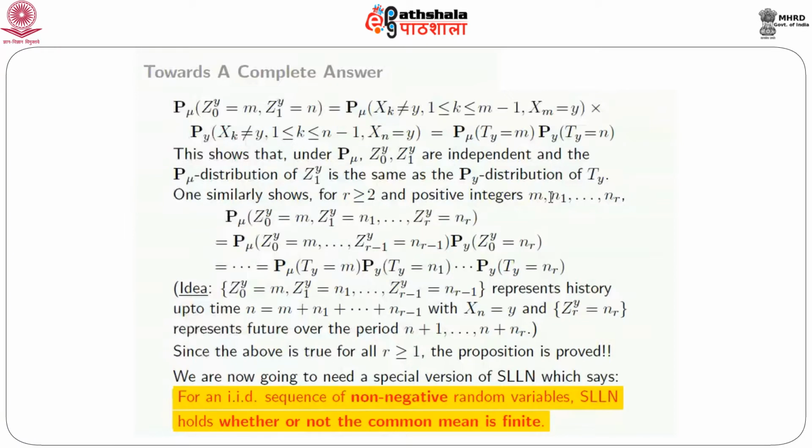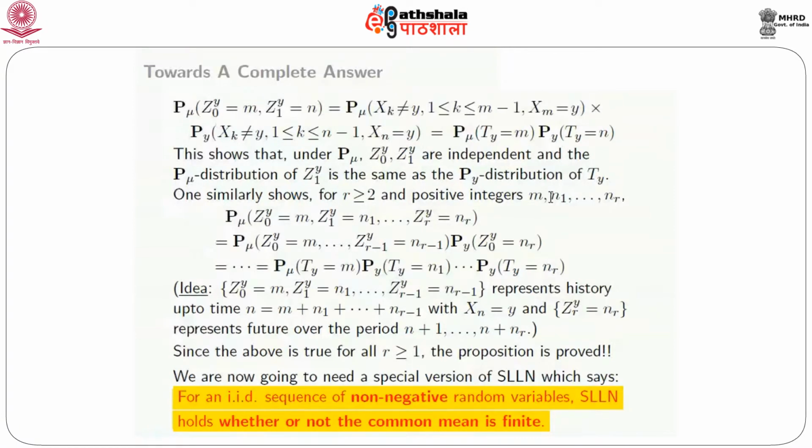So we need a special version of strong law of large numbers, which says that for an IID sequence of non-negative random variables, SLLN holds, the law of large numbers holds without requiring finiteness of the common mean. So what I'm saying here is that if you have an IID sequence, then to apply strong law of large numbers, usually you need finiteness of common mean.